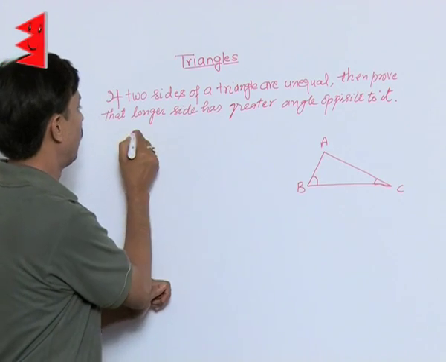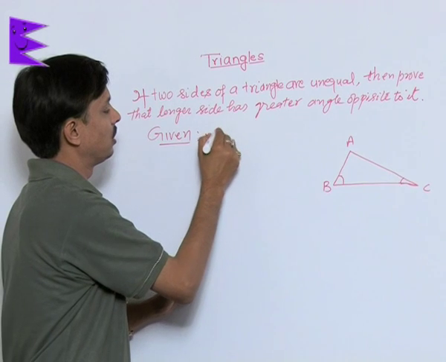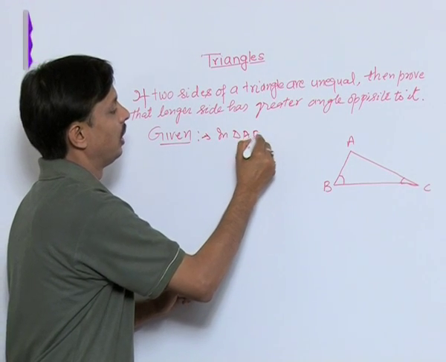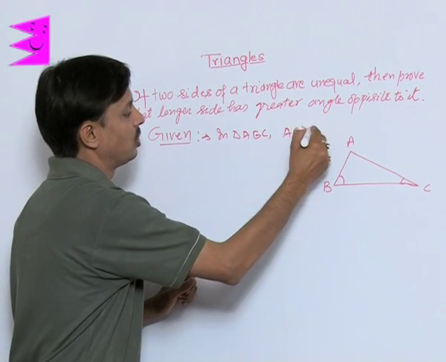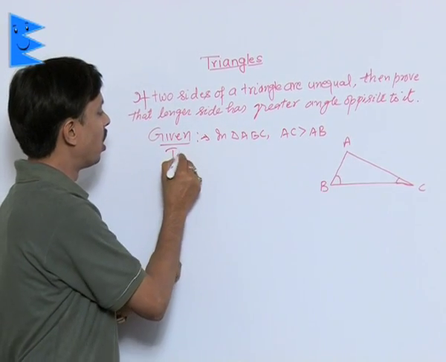Okay. So first of all, as usual, what is given here? Given is, in triangle ABC, side AC is greater than side AB. What do we want to prove?